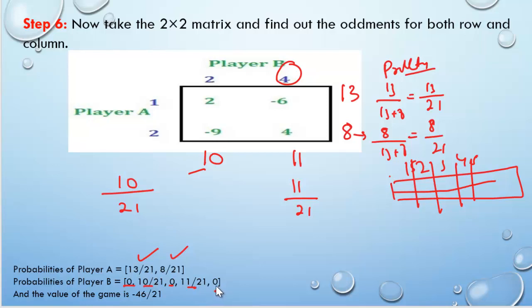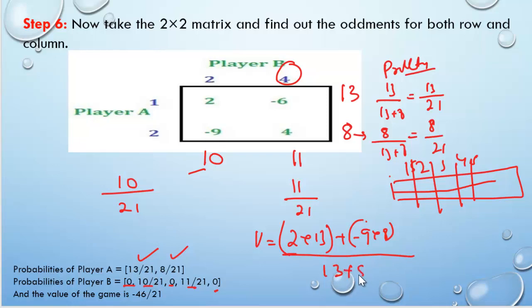So what will be the value of the game? How do we calculate the value of the game? We can use many ways. Firstly, if I use this row, I have to multiply 2 with 13 plus minus 9 with 8, that is 2 into 13 plus minus 9 into 8, divided by 13 plus 8.